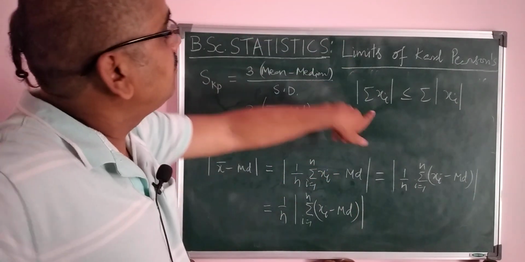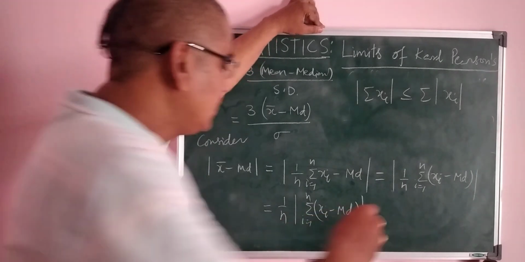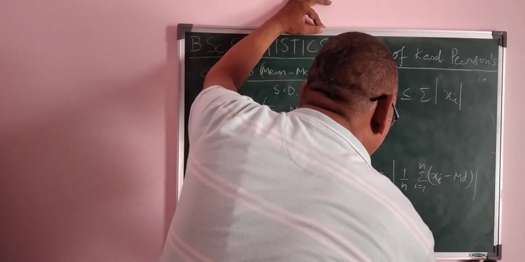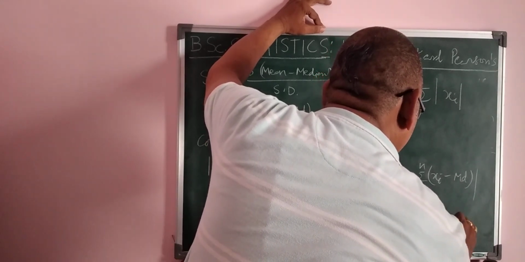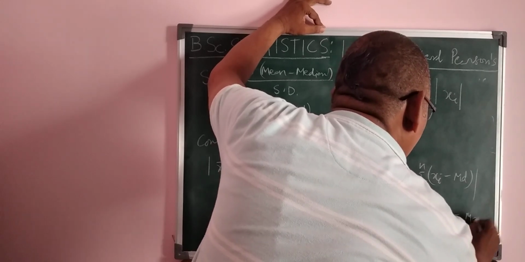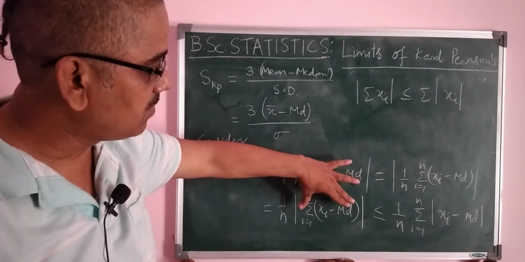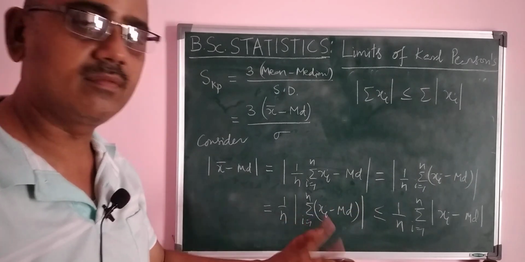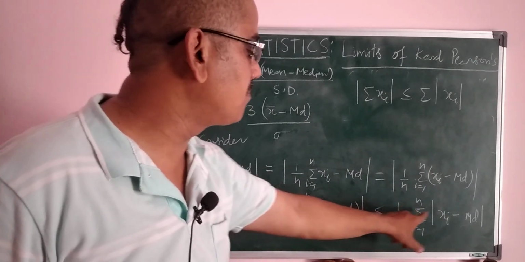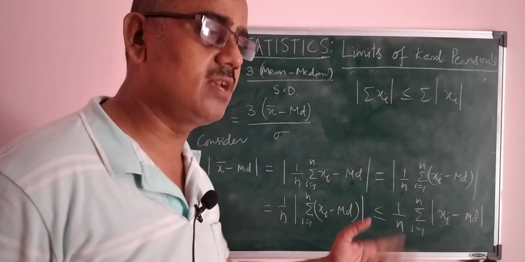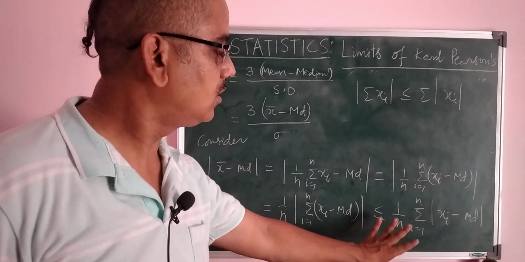Now I'm applying this, that is, modulus of summation is less than or equal to summation of modulus, so applying here it is less than or equal to 1 by n summation i is equal to 1 to n modulus of xi minus median. Do you understand this? Modulus of summation is less than or equal to summation of modulus, leaving 1 by n as a constant.